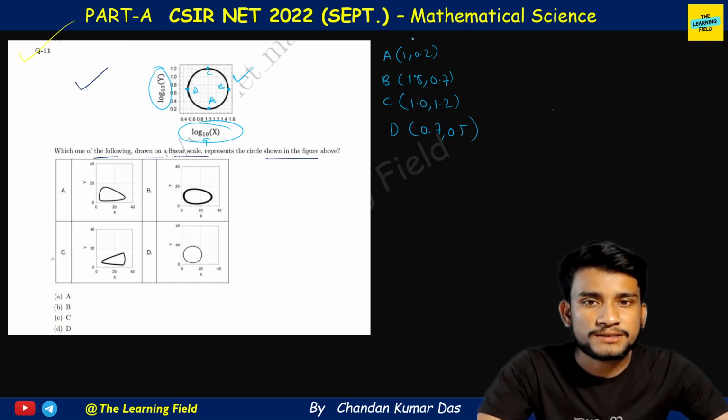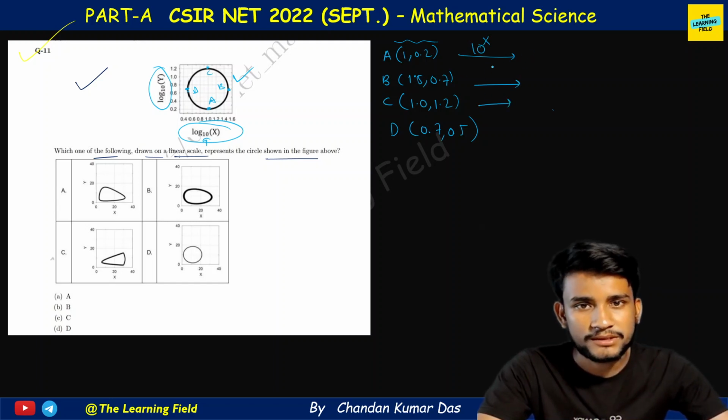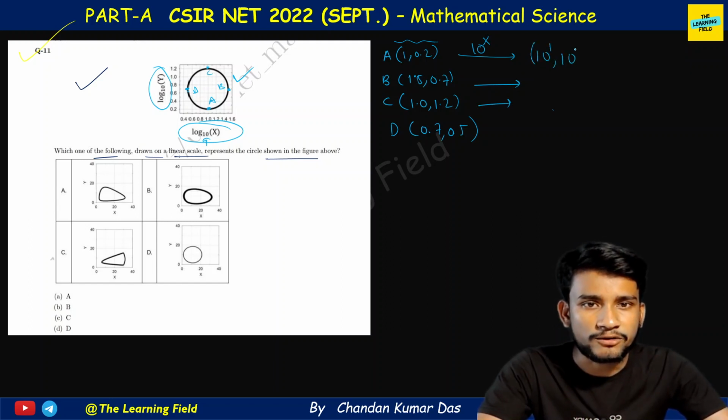Now we need to convert. This is the point in log scale, so we just need 10 ki power to convert this problem. So in the linear scale, this point should be 10 to the power 1 and 10 to the power 0.2.